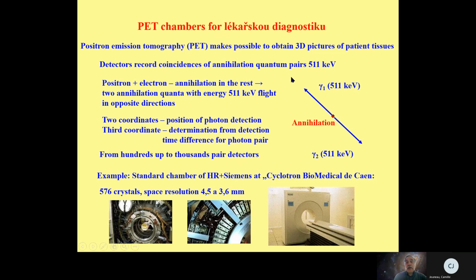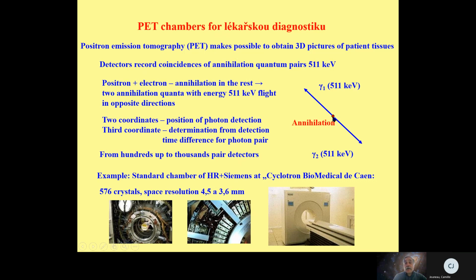It is based on the usage of radionuclides which emit positrons, that means beta plus radioactivity. The positrons are stopped very quickly, within about 1-2 millimeters distance, so it will be in the place in which they were produced.